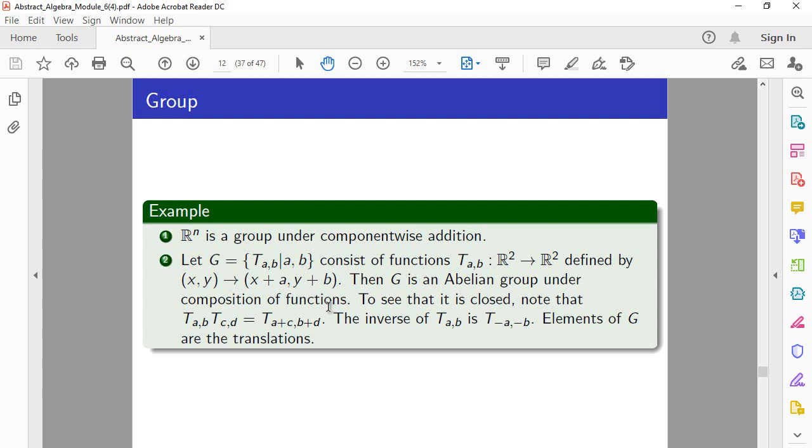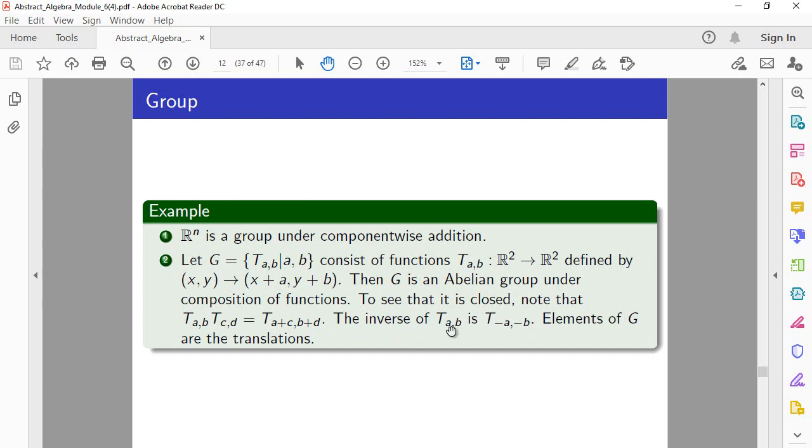To see that it is closed, note that the composition of T_ab and T_cd is equal to T_(a plus c, b plus d). The inverse of T_ab is the function T_(minus a, minus b).